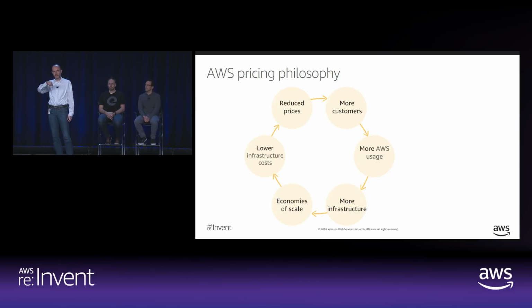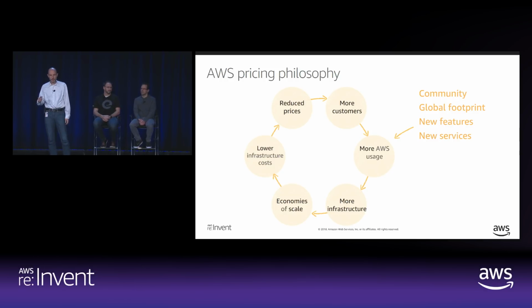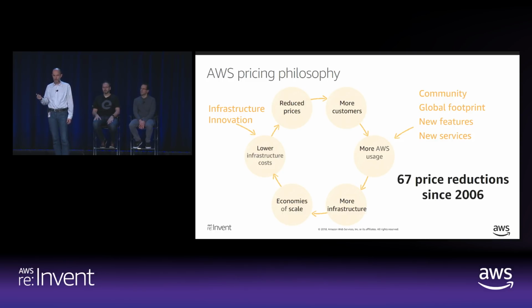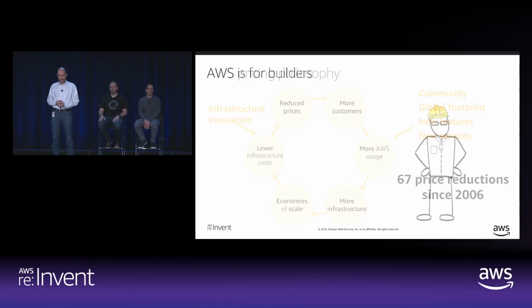So that vicious cycle, this flywheel, is actually accelerated by an ever-growing community of AWS users, the bigger global footprint, new features and new services, and the amount of innovation we can put on top of that cost savings into our platform to be more and more efficient. And over time, we were able to reduce our prices 67 times since AWS started in 2006.